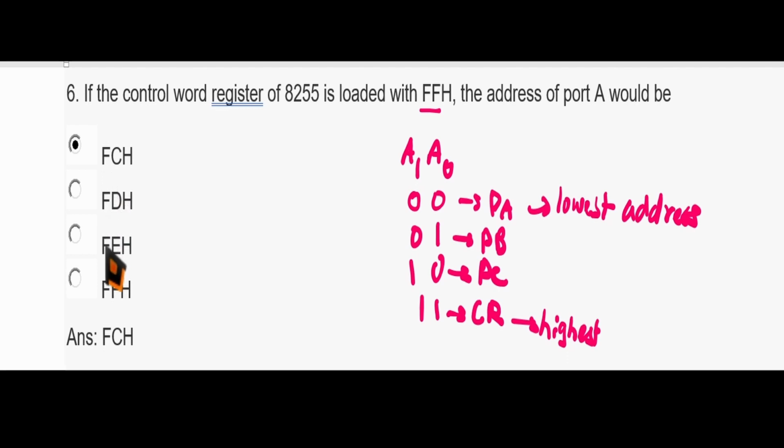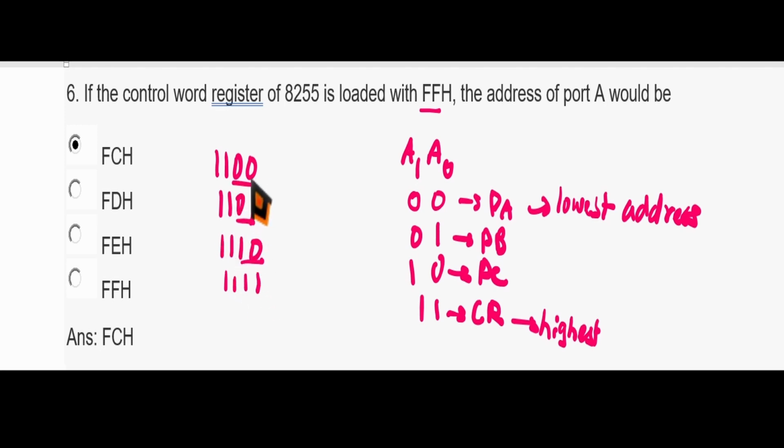If you observe the higher nibble of the address, all are F. If you observe the lower nibble, then for C it is 1100. For D 1101. For E 1110. For F 1111. So only these lower two bits should be considered.